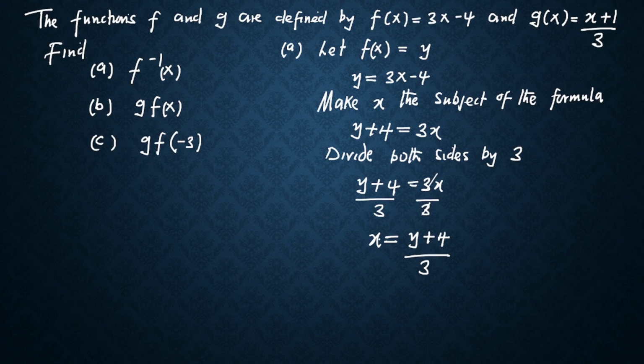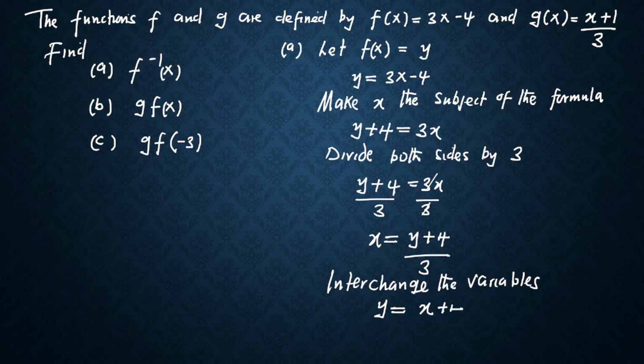Now, at this stage, we are going to interchange the variables, meaning where there is x, you put y, and where there is y, you put x. So we say y is equal to (x plus 4) over 3.